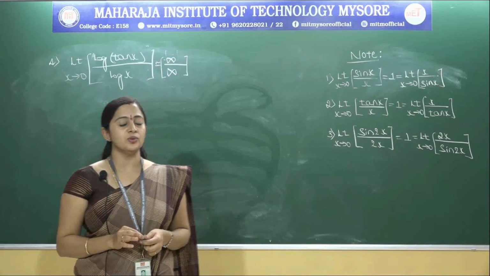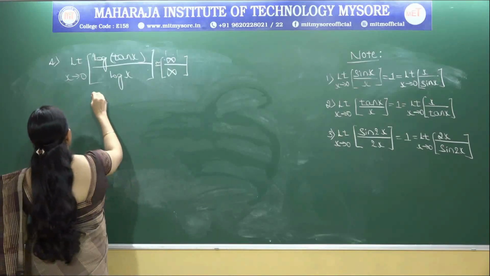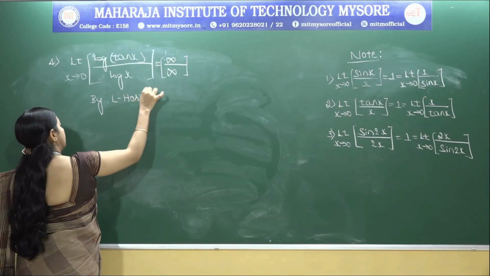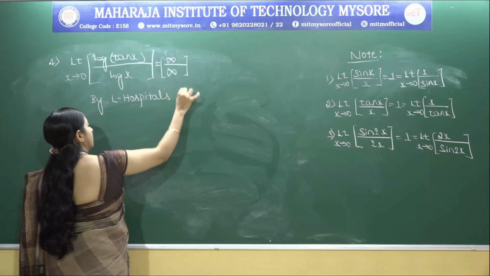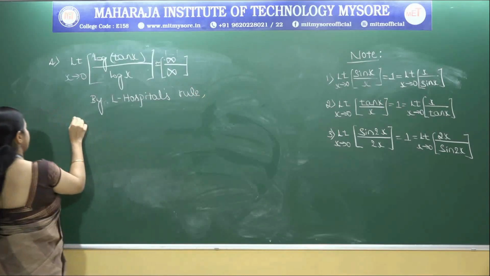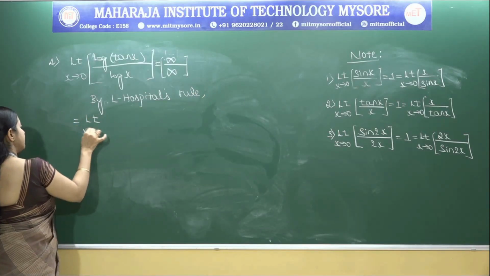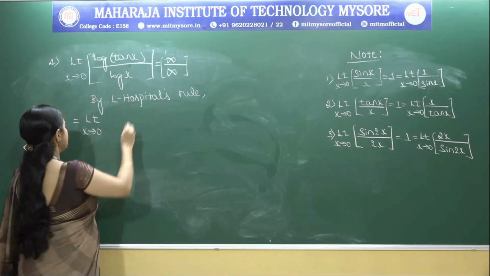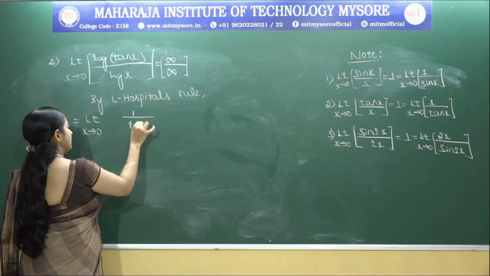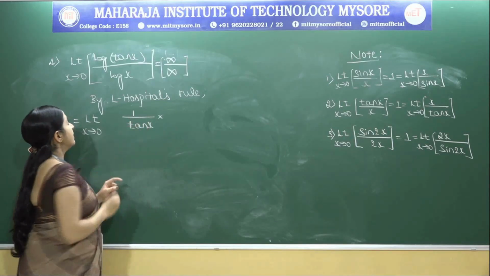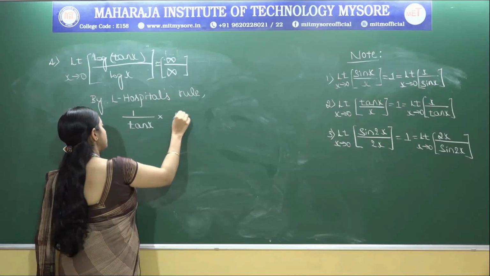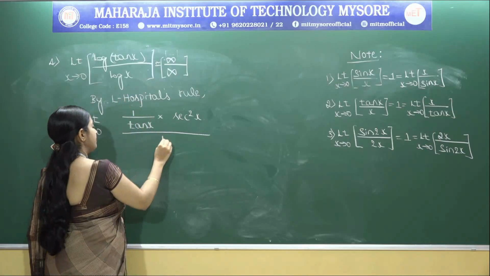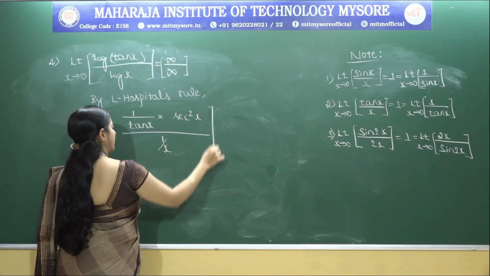You can apply the L'Hospital rule. The limit of x tends to 0, log of tan x differentiation is 1 by tan x, into tan x differentiation, secant square x. Denominator log x differentiation is 1 by x.